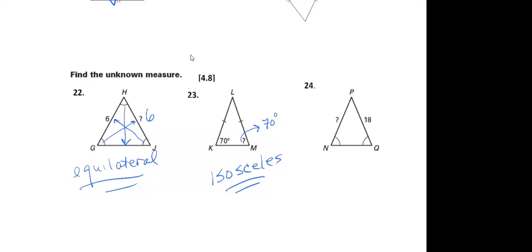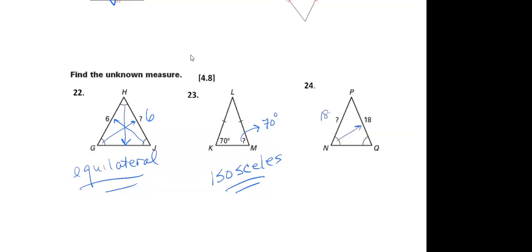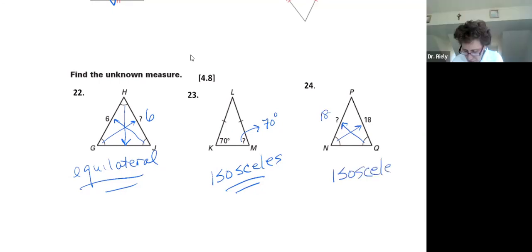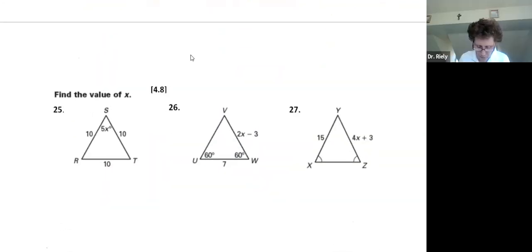For 24, I got 18, because the opposite side is equal to it and that is labeled as 18. Right, and they're equal because you've got base angles equal with an isosceles triangle. Very good. That takes us to the next page.